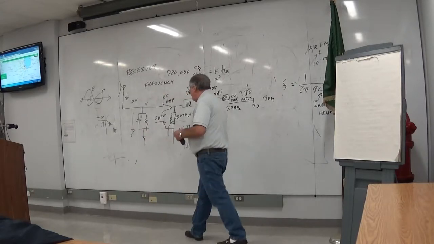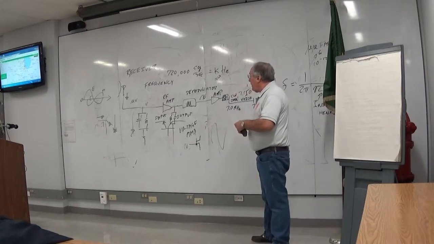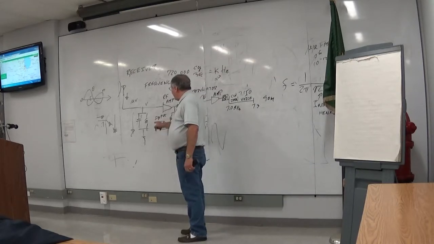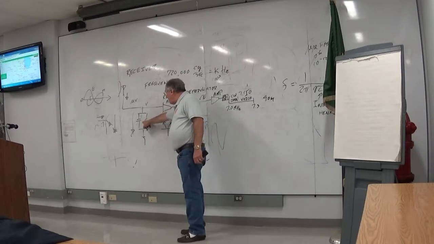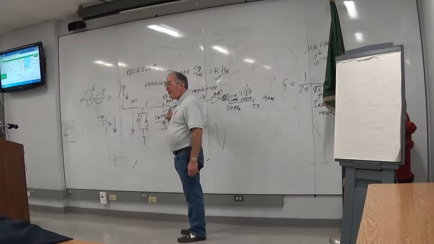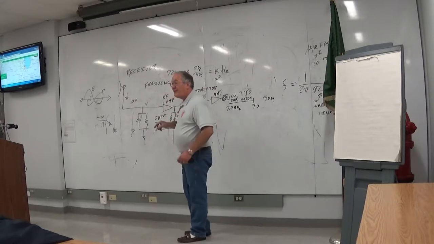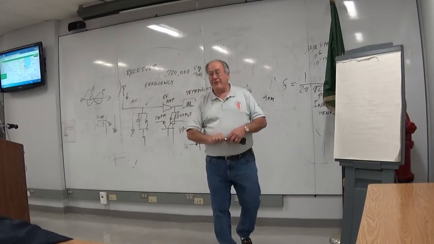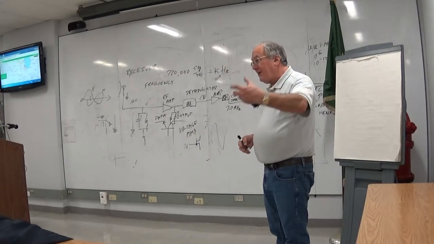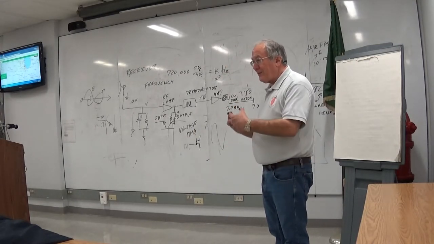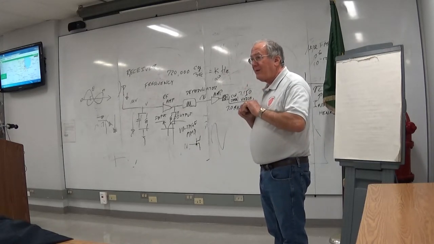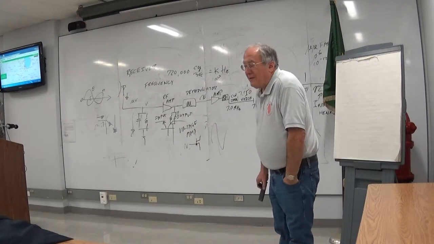Why can't I just, instead of having to vary all these things synchronously, find a way to convert what's coming into a known frequency called an intermediate frequency, and then everything here can be carefully tuned to that intermediate frequency. They do that by mixing what comes in with the local oscillator and producing a third frequency, and actually a fourth frequency, but you only pick one of them. The process is called heterodyning.